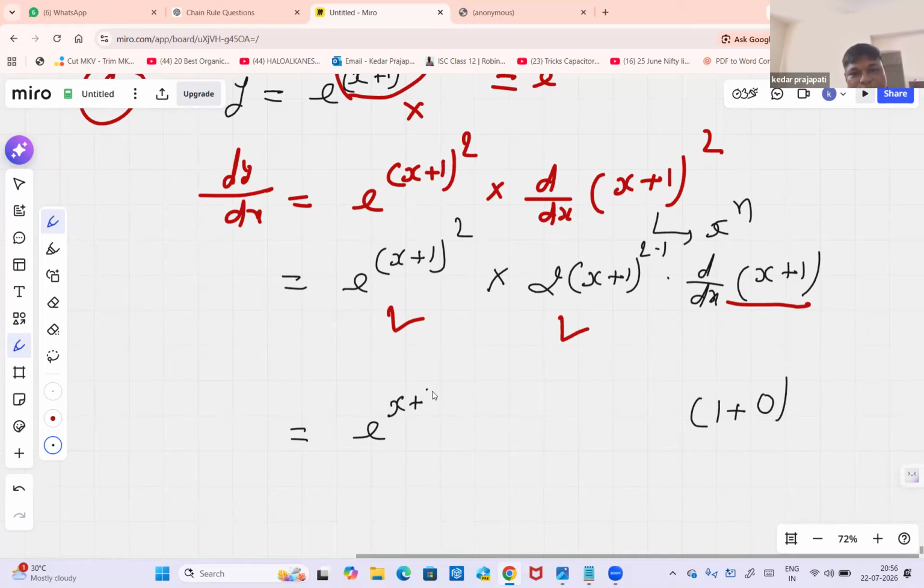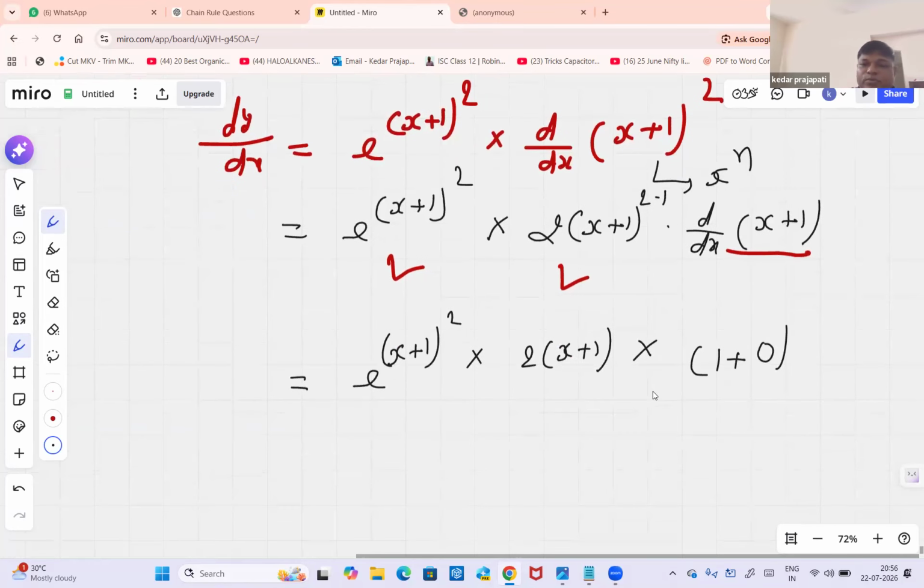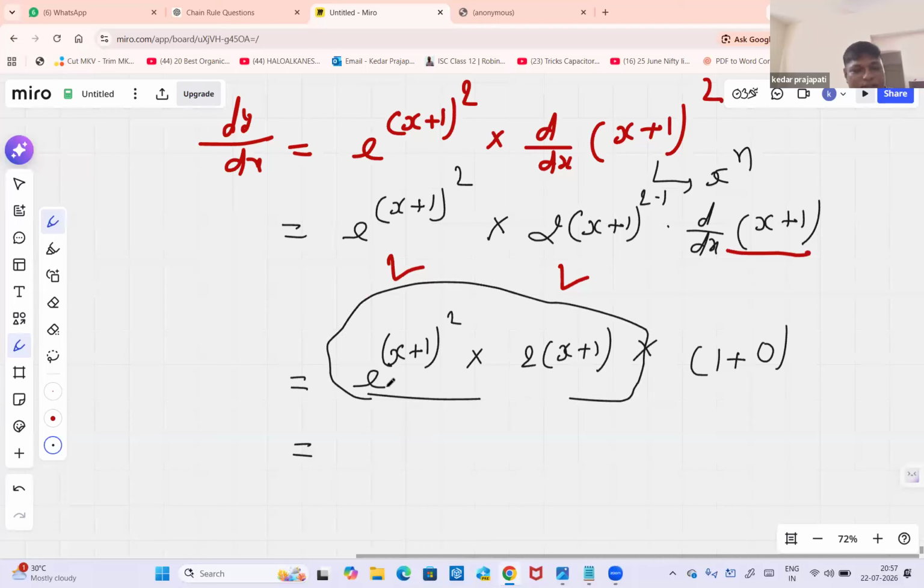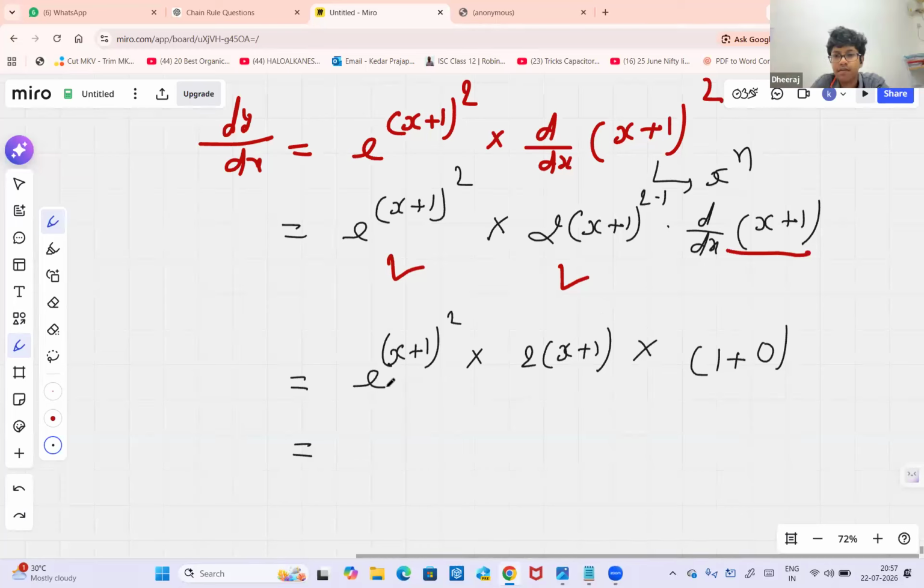e^(x+1) whole square into 2(x+1). 2 minus 1 is 1. Right? Into 1. So 1 plus 0 is 1 only. So this much is the answer. Clear? Yes, sir.